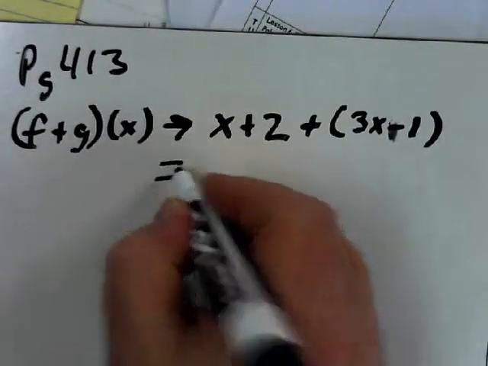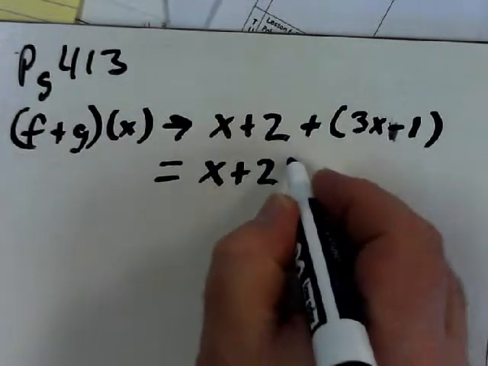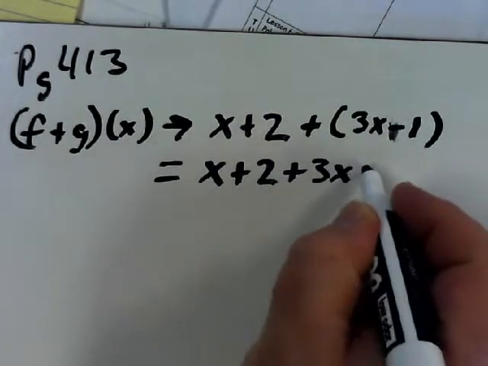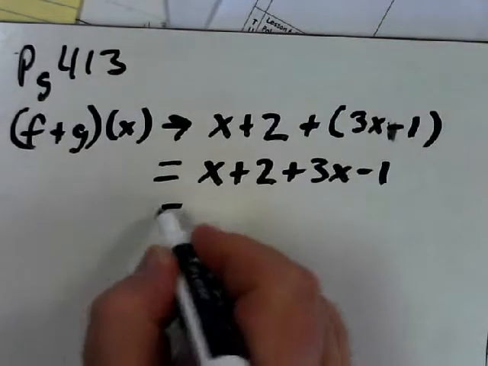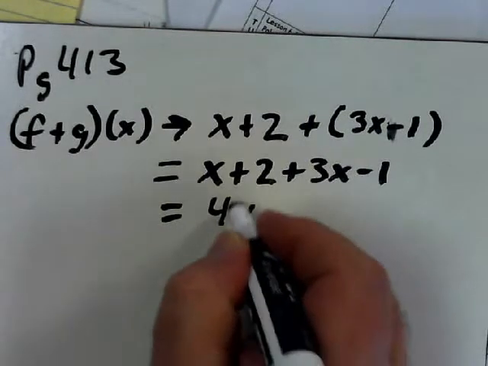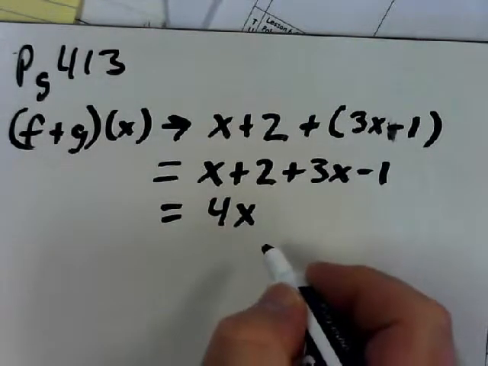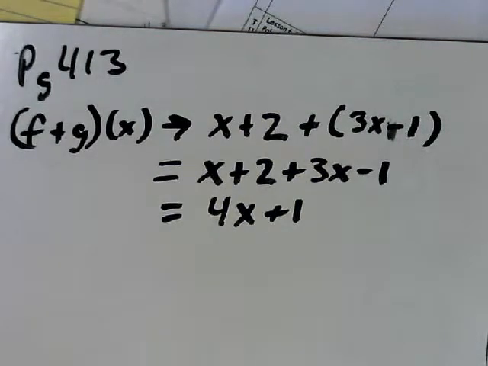If I then use the distributive property, it would be x plus 2 plus 3x minus 1, which is going to give me 4x plus 1.